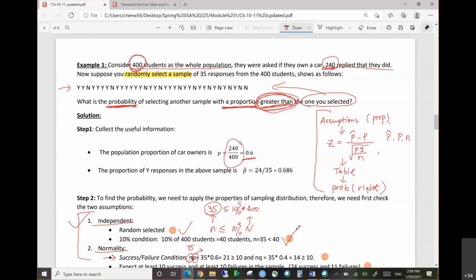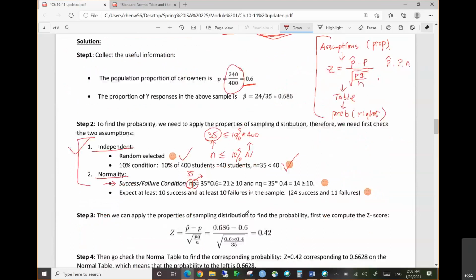So in this assumption, n times p, which is 35 times 0.6, equals 21, which is larger than or equal to 10. And you need to check another thing, n times q, which is 35 times 1 minus p, which is 0.4, which is 14, larger than or equal to 10. All right. That means the normality assumption is checked.